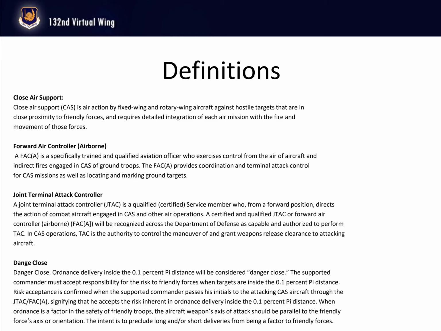Okay, so anytime we have friendlies anywhere around, it's close air support. By definition, we don't define a specific distance, for example, 5 nautical miles between bad guys and good guys, because the proximity is situation dependent.